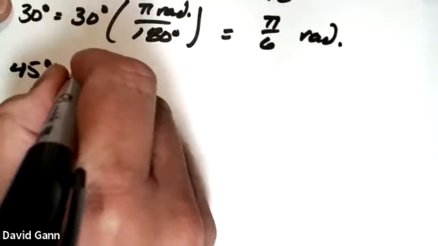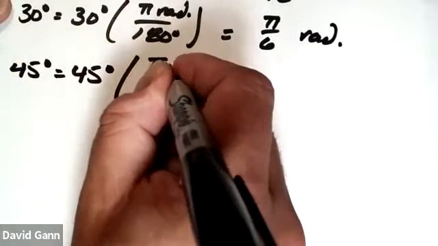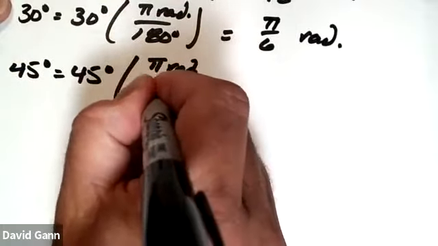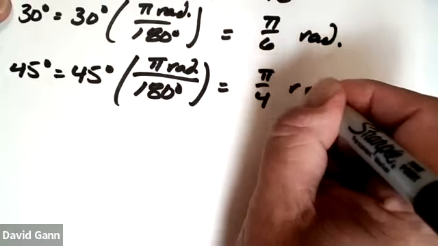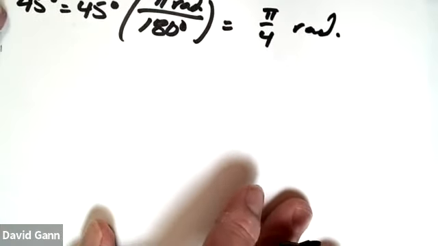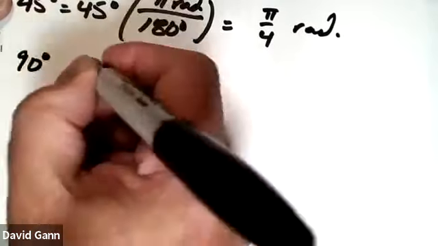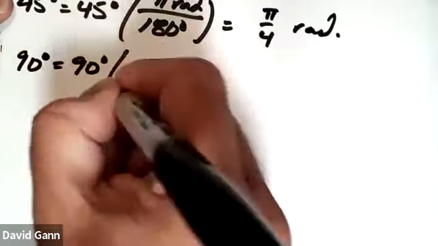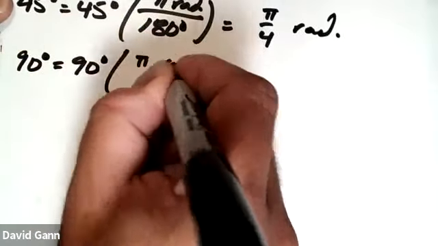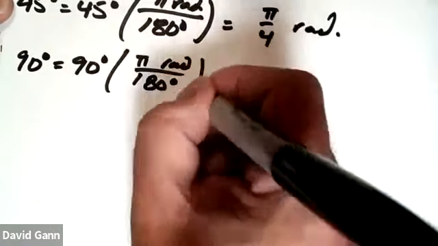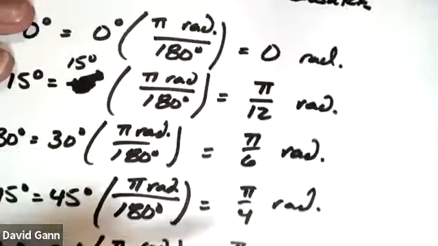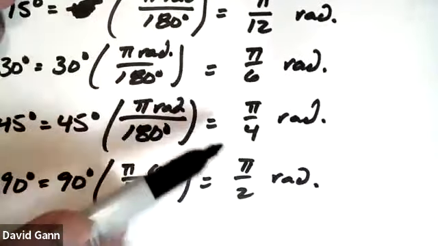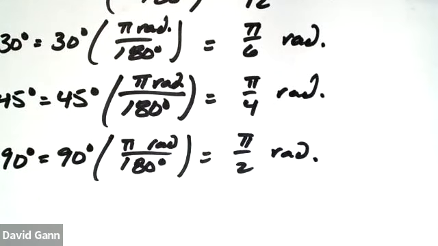Similarly with 45, this is equal to pi over 4 radians. 90 degrees, that's pi over 2. And notice, I'm not approximating these. At no point am I approximating these values. I'm just leaving them in terms of pi, which is precise.